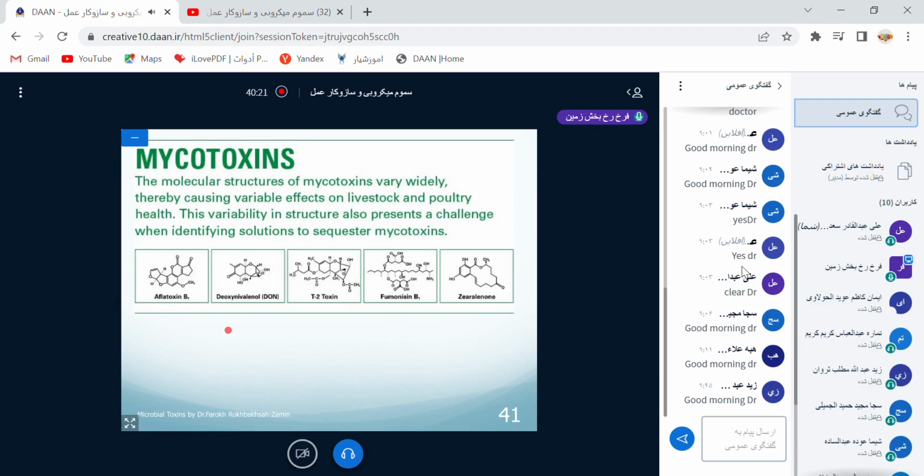In this image, you can see that not only are there different types of mycotoxins, but also they have different shapes, different names, different sizes, and accordingly, different modes of action, different degrees of effectiveness on human or animal cells.